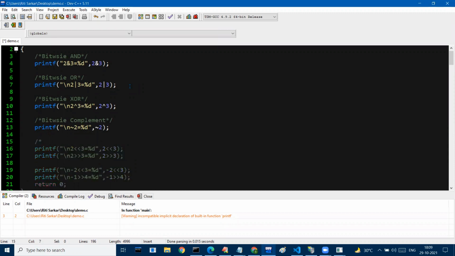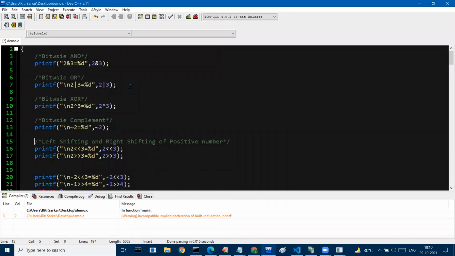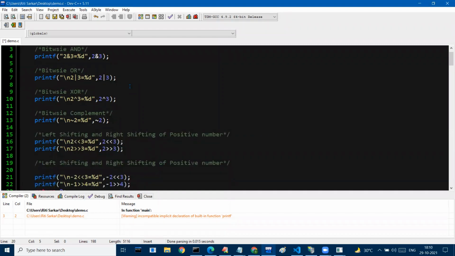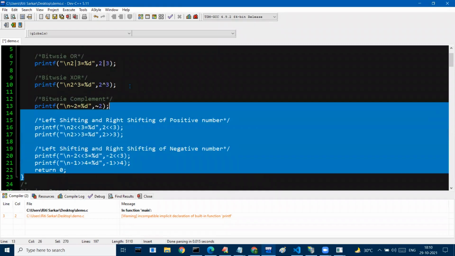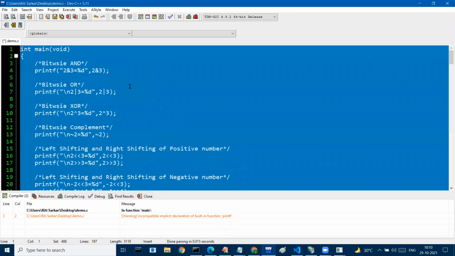Left shifting and right shifting of positive numbers. Same, left shifting and right shifting of negative numbers. That's it. That is the discussion with respect to bitwise operators, guys.